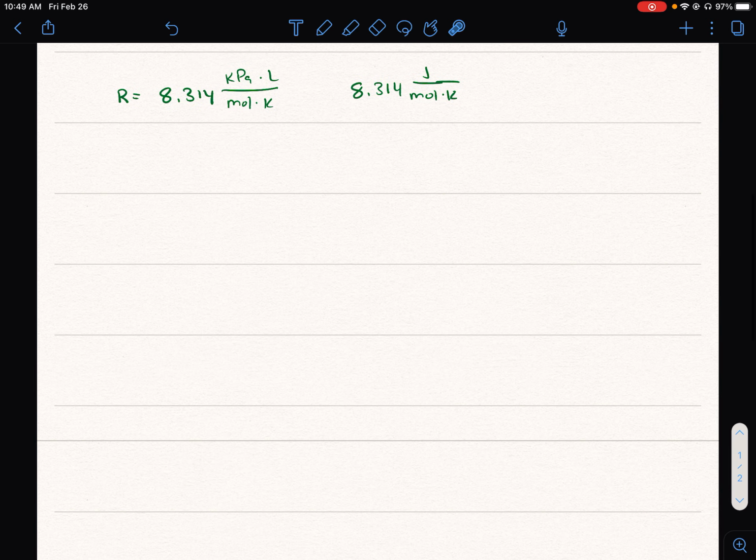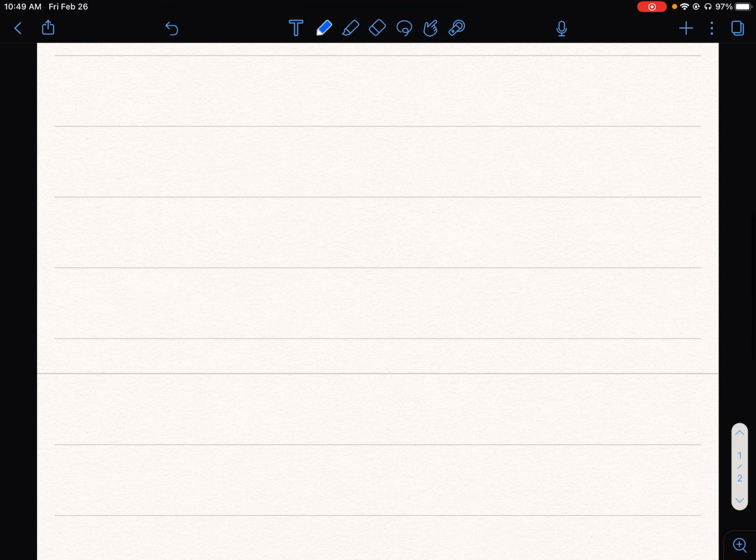So we can go through one quick example. So here's a quick problem of using the ideal gas law.